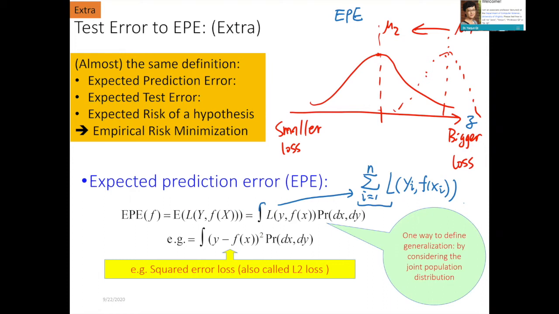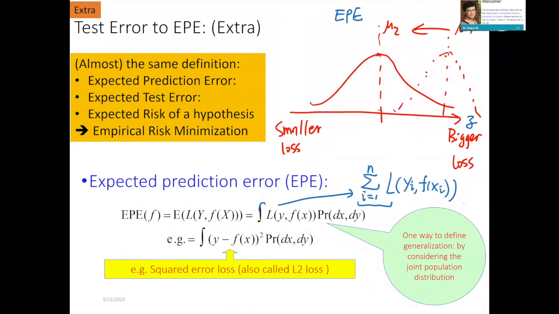I know this is too much, but just related, what we are doing, minimizing the training error, think about it as an empirical approximation using our training data to approximate that integral term in this expected prediction error. All right, okay, I hope this is clear.